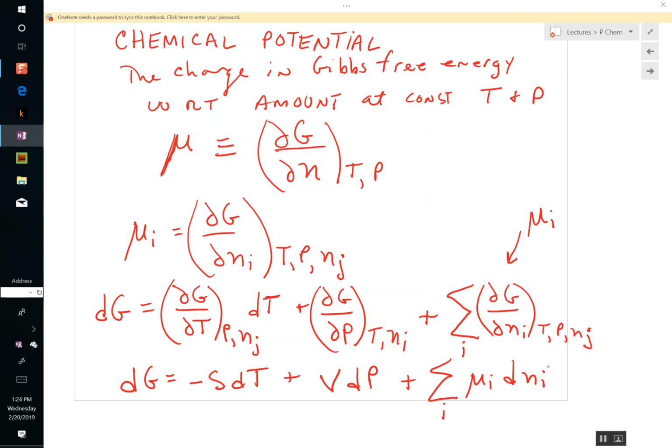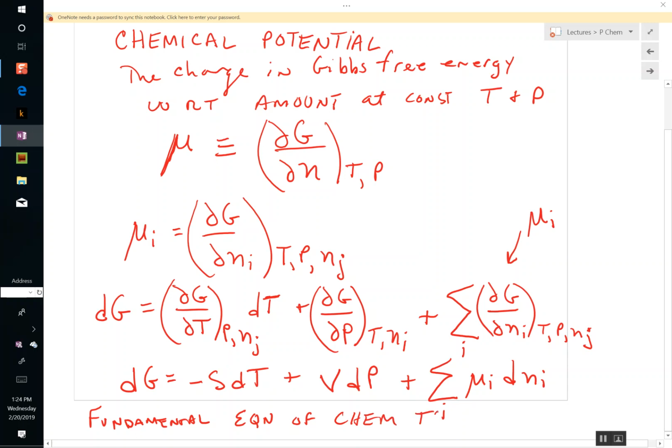All right, and this is given the title, a kind of summary, the fundamental equation of chemical thermodynamics. Because as we move on into chemical systems, we're going to be seeing the components of the system changing.